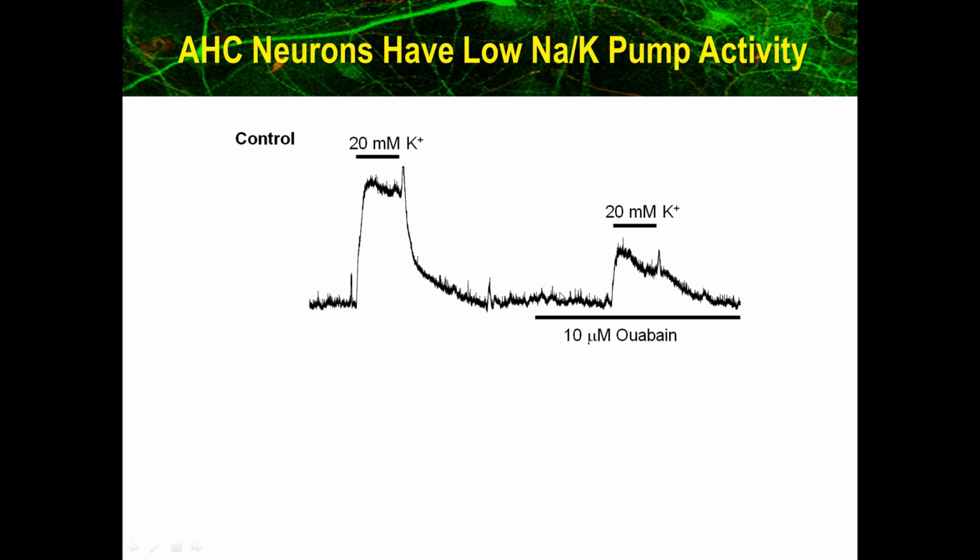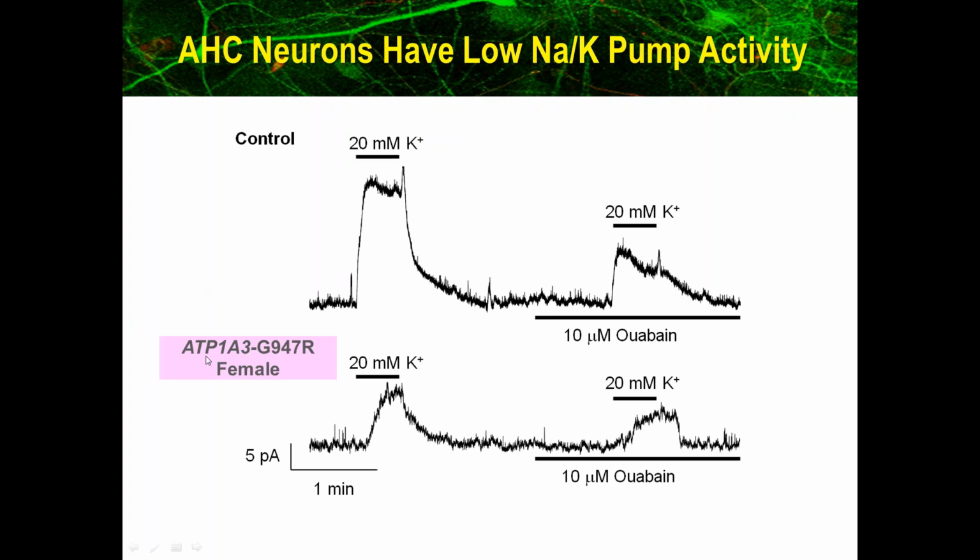Then we repeat this experiment in the presence of the well-known inhibitor of ATP1A3 called ouabain, and we try it again, and what we see is we've turned off some of the pump by this inhibitor. So we can actually measure the height of these peaks and deduce the amount of current generated by the pump, first in normal healthy cells, and then in ATP1A3 mutant or AHC-derived cells.